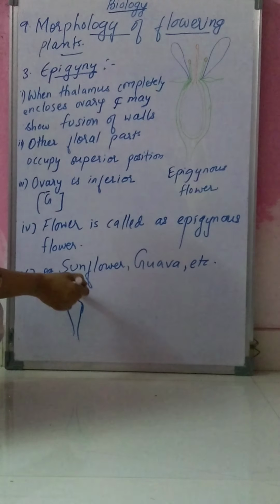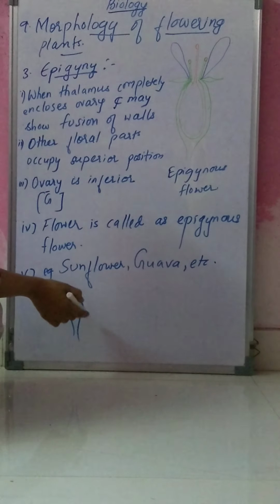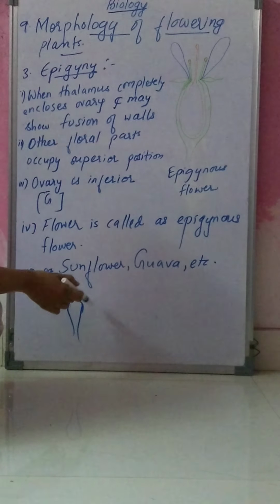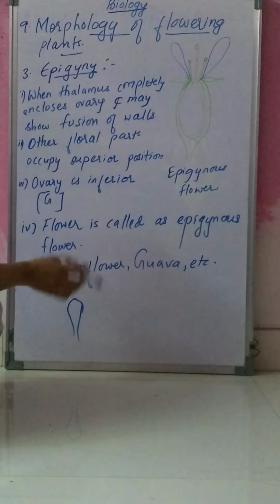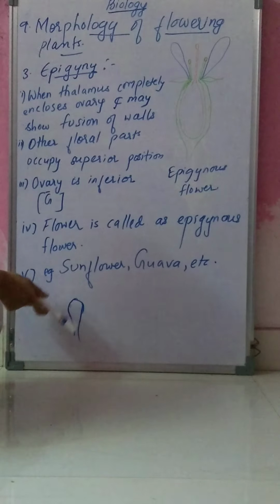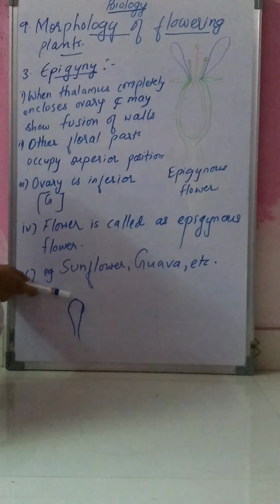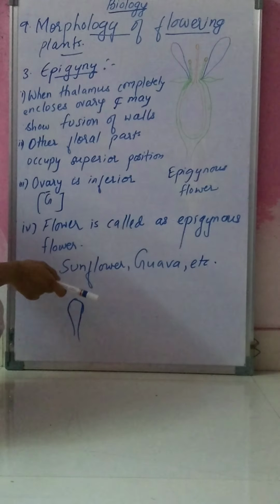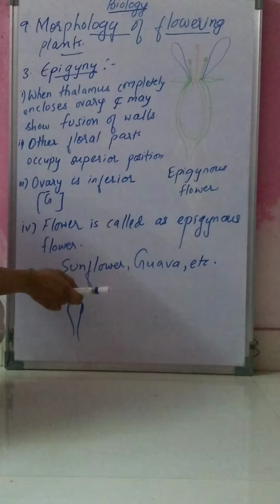Hence the ovary occupies the higher position, whereas the other floral whorls are present below it. That type of flower is known as a hypogynous flower, and the ovary is superior. Examples are China rose and mustard.